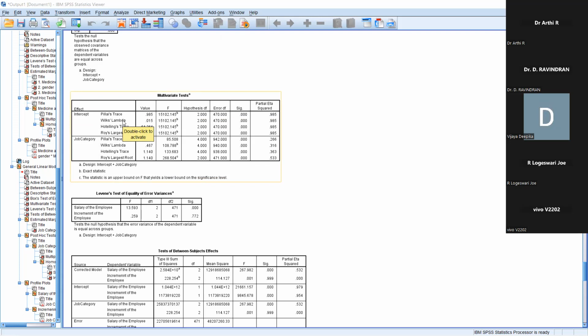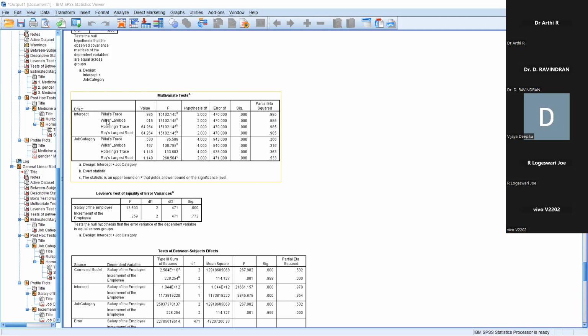Going down, you see the significant value is less than 0.05. So it is significant, which means there is a significant difference between the means of the salary or increment among the different job categories.